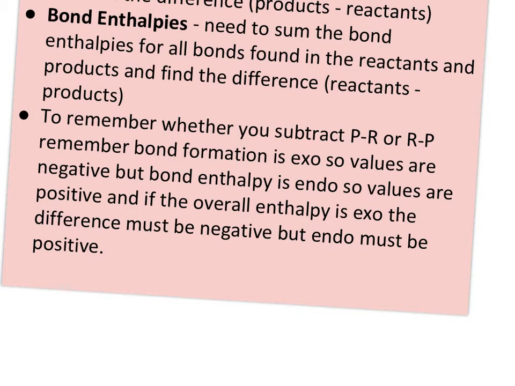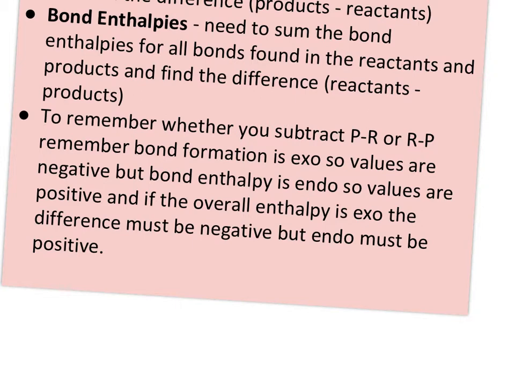And then for bond enthalpy, it is a positive value. So if I'm taking positive values of products minus reactants, and I want a negative value for an exothermic reaction overall, now I'm going to have to take my positive reactant minus my positive product to end up with a negative value overall if it were an exothermic reaction.